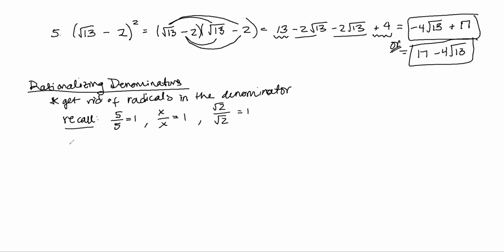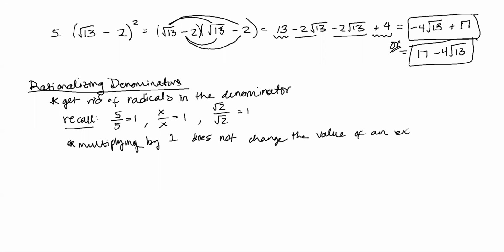And if we multiply something by 1, it does not change the value of an expression. So like if we had 3x times 1, well, any number or variable times 1 is still itself. So we're going to be using this fact to get rid of radicals.